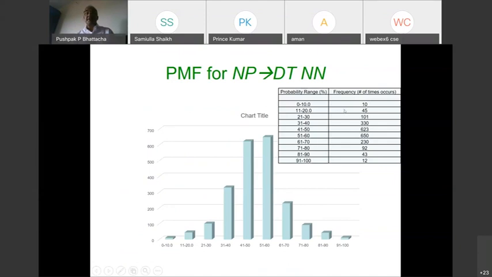In 10 samples, I found the probability of noun phrase going to determiner and noun only between 0 to 10%. In 45 samples, I found that probability to be in the range 11 to 20. In 101, 21 to 30. In 330 samples, 31 to 40. In 623 samples, 41 to 50. In 650 samples, 51 to 60. And then again it goes down. So I do see a bell-shaped curve emanating.